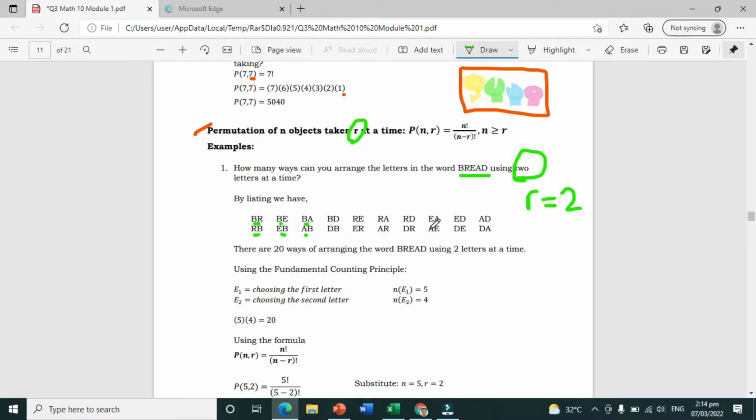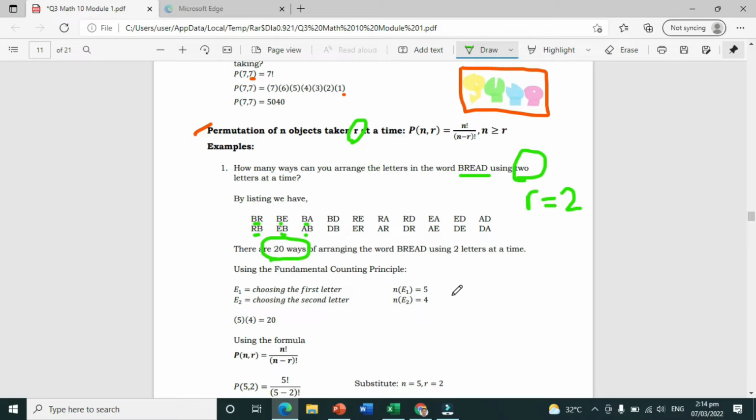So kung bibilangin natin to lahat, 1, 2, 3, 4, 5, 6, 7, 8, 9, 10, 11, 12, 13, 14, 15, 16, 17, 18, 19, 20. So there are only 20 ways of arranging the word B-R-E-A-D using 2 letters at a time.